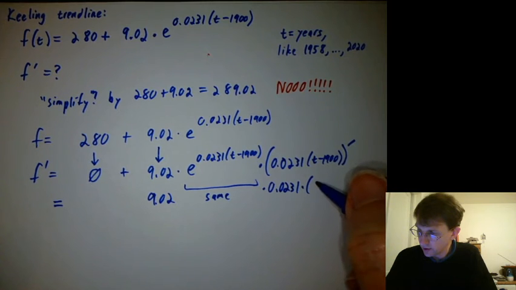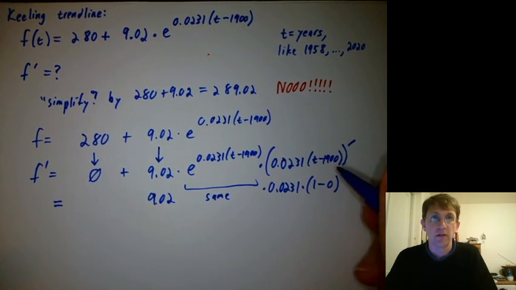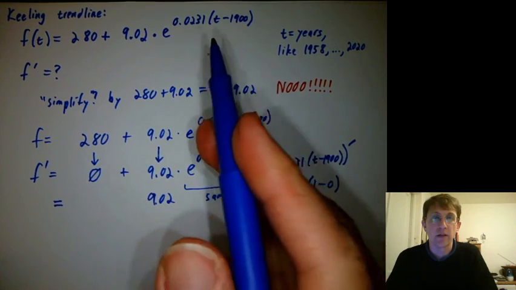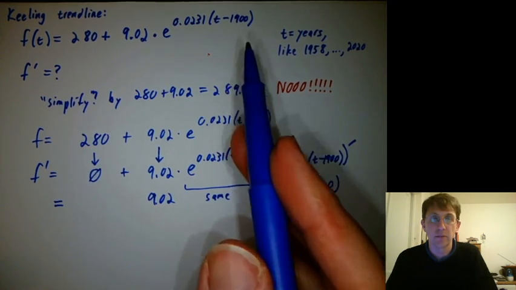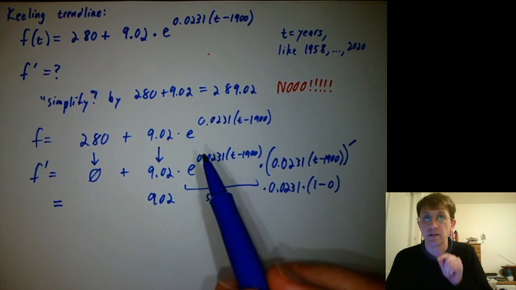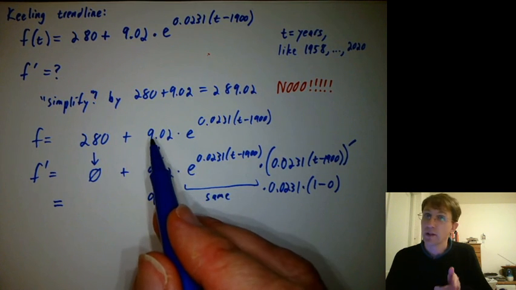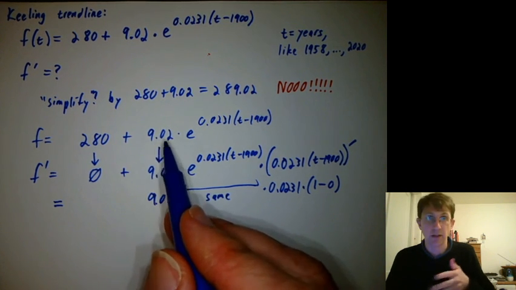You could just say it's 1, or you could say it's 1 minus 0. Derivative of t is 1, the derivative of 1900 is 0, and we're subtracting them. So that's how we take a derivative of a fairly complicated expression like this, thinking about vertical multiplier rule. Did you notice I didn't need the product rule, even though I was doing a product here, because this was a constant rather than being something that depended on t.